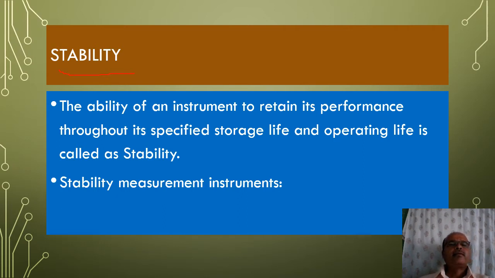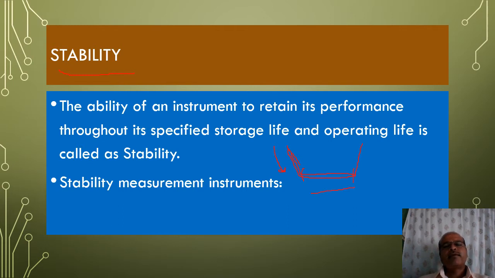Stability is more concerned with the bathtub curve of the equipment. So what is a bathtub curve? This structure is like a bath. If we take the example of any mechatronics or electronic equipment, at the start there is failure of components of the equipment, and after some time there is a stable output.